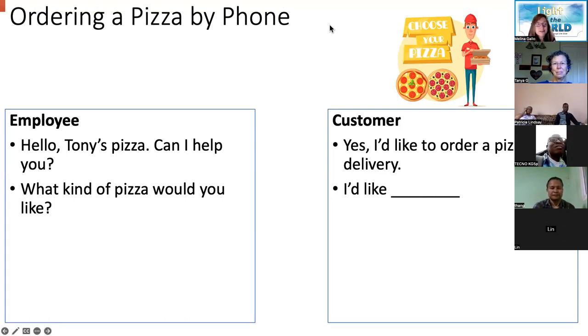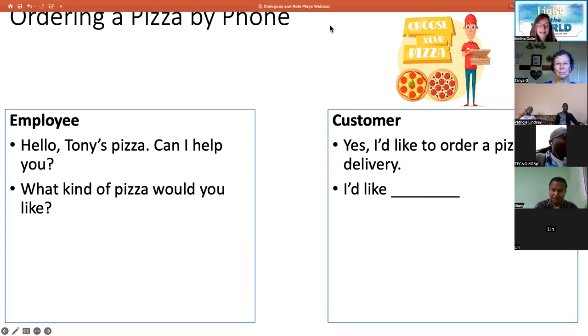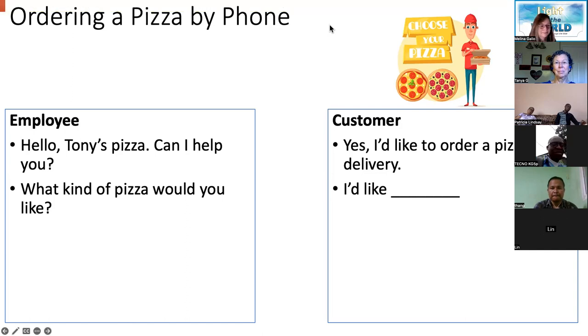So we would just brainstorm what are some likely things that could happen in this conversation. And then we practiced it a lot with different people in the class playing part of the employee, different people playing the part of the customer until they felt confident to do it for real. Okay. So that's another way we can use a role play.